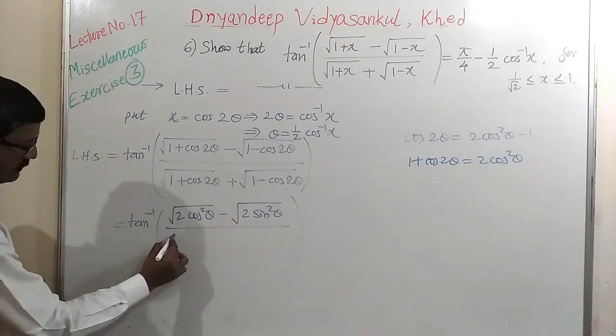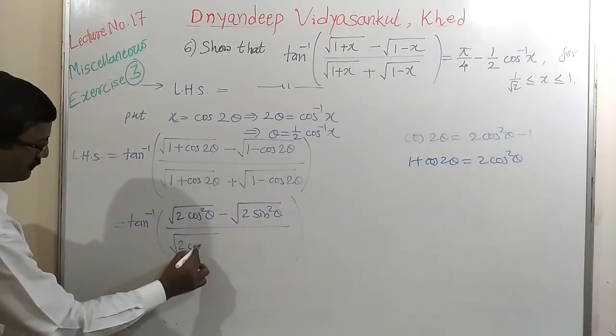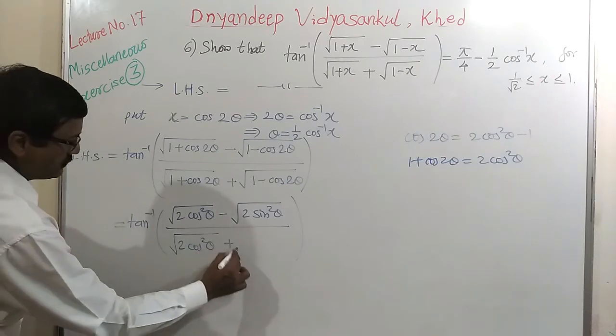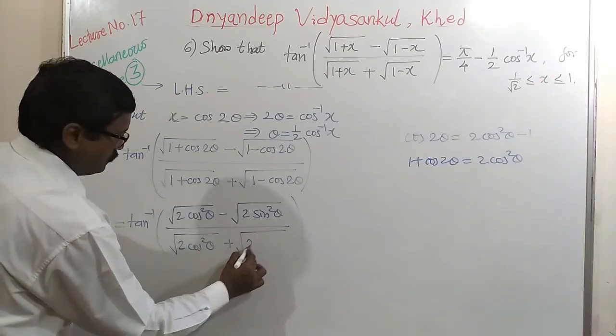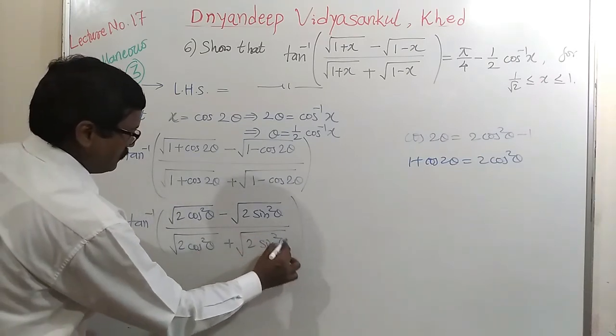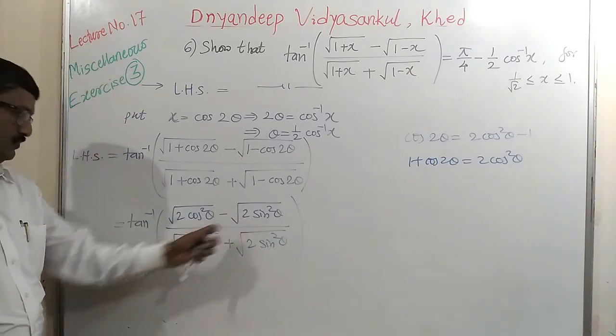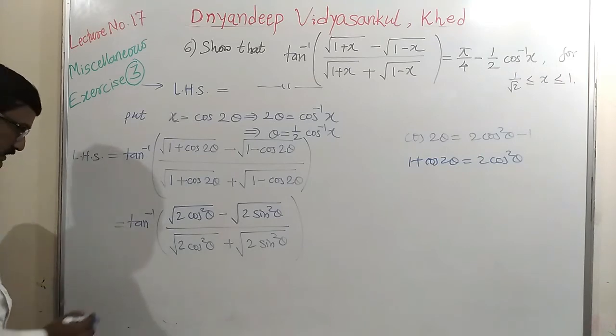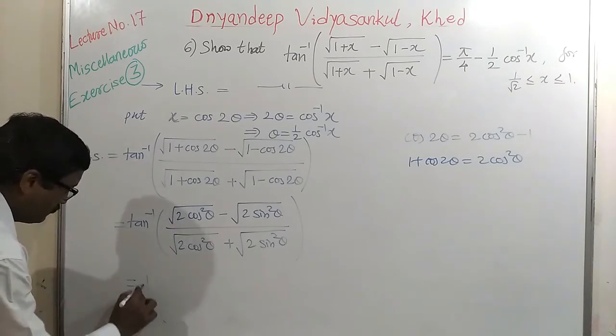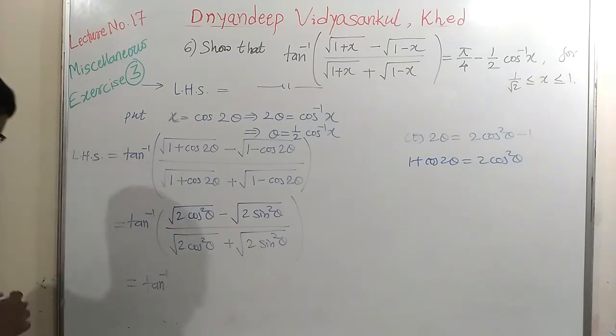Here at the denominator we get root 2 cos square theta plus root 2 sin square theta. From each term we can take common root 2, and it will get cancelled. So it is equal to tan inverse of root 2 cos square theta.